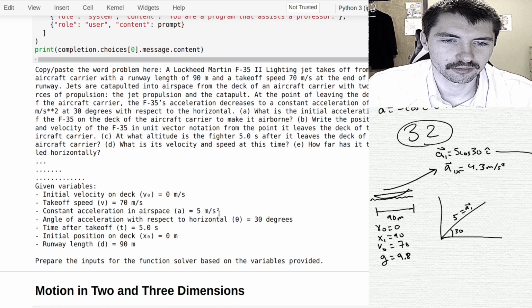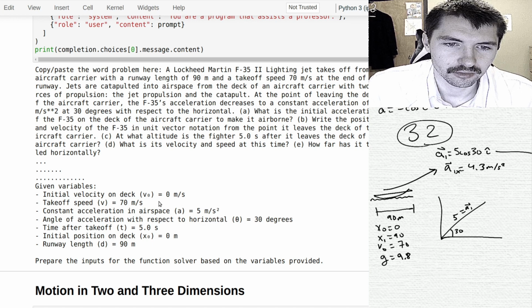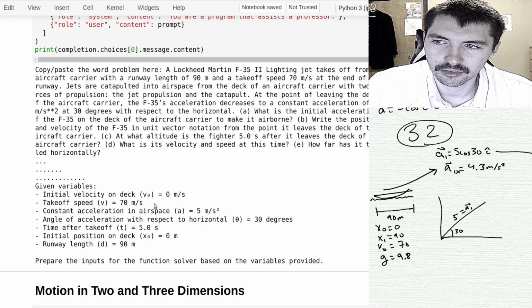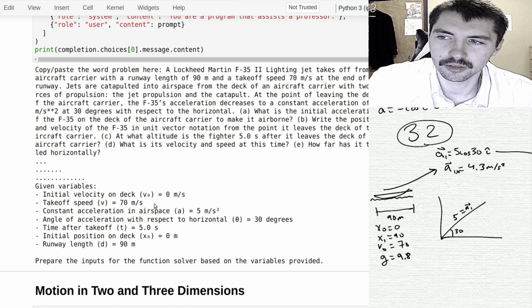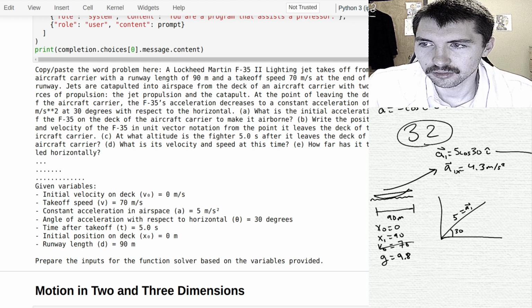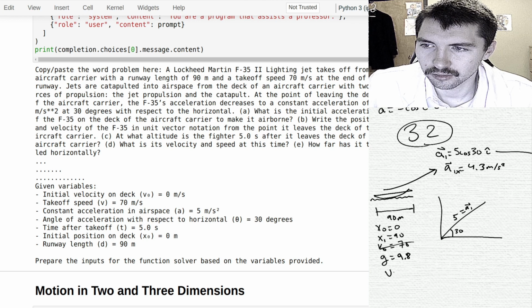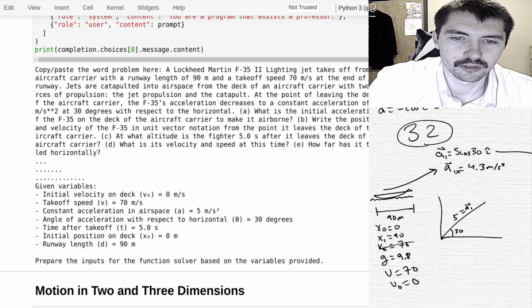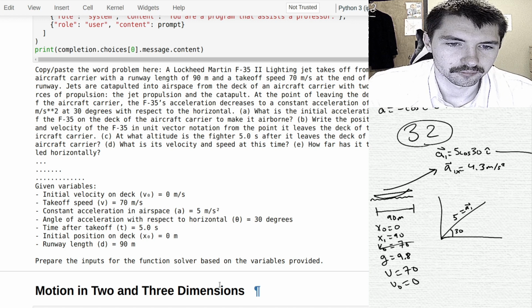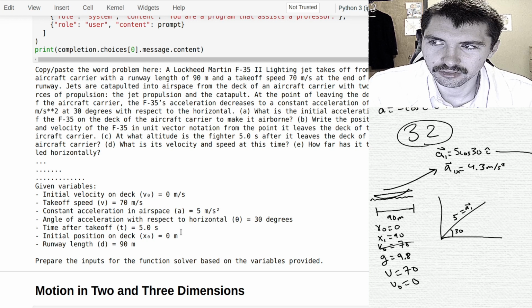Okay, so v naught, v. Time after takeoff, 5 seconds.